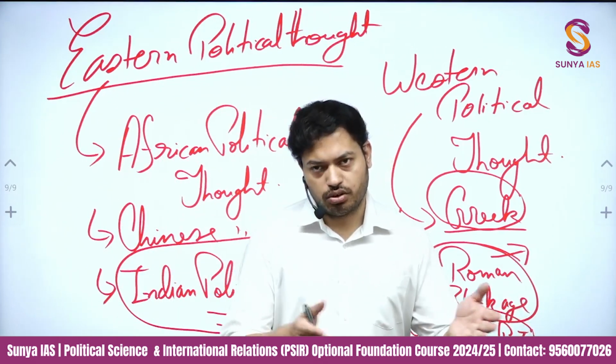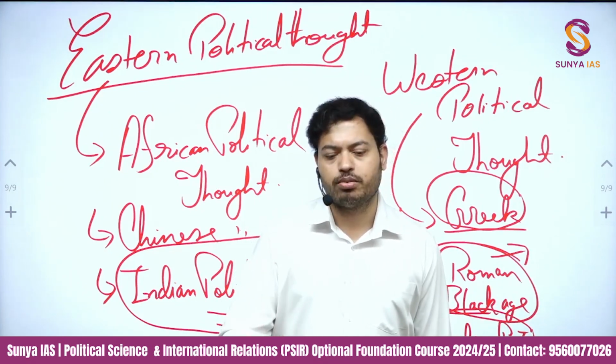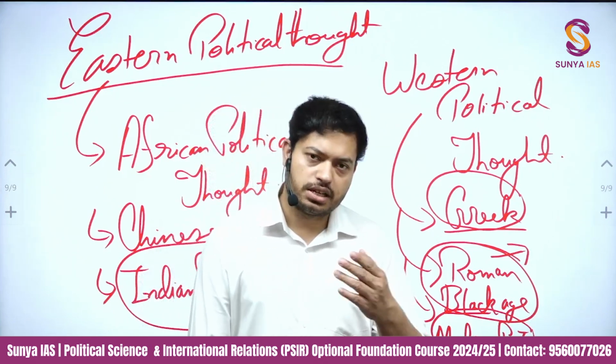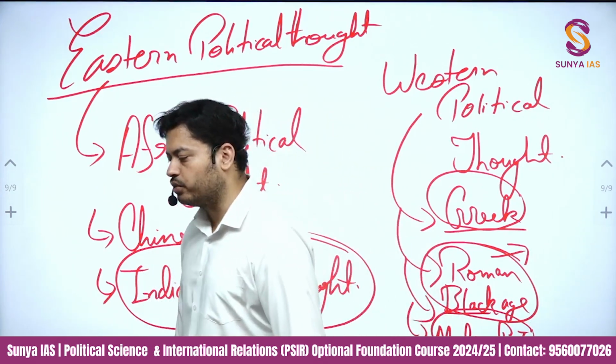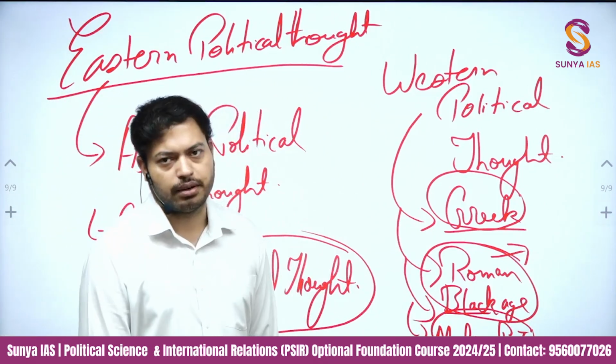Mohandas Karamchand Gandhi, Gandhiism itself is a concept. B.R. Ambedkar's opinion and arguments we'll discuss. M.N. Roy we have to work on. Okay, so these are the scholars whose study we have to perform, making sure that the political thought of these periods will be done.